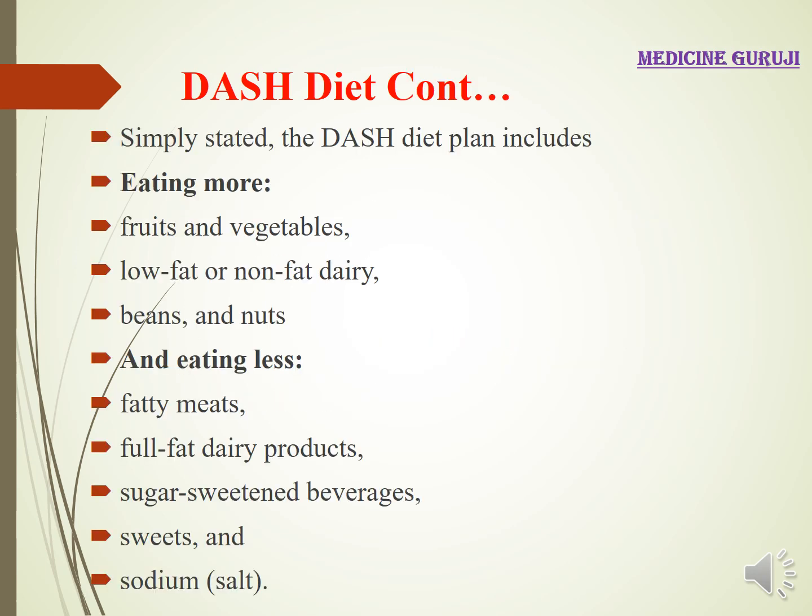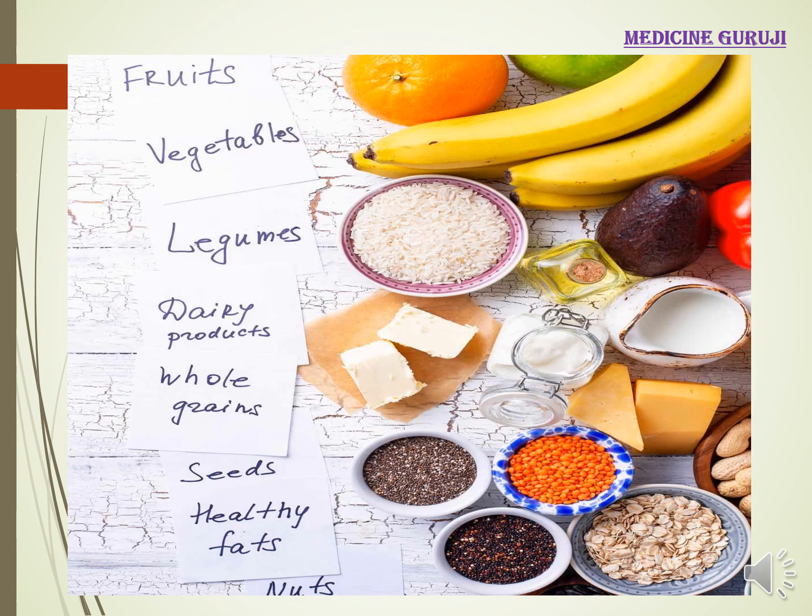In a short way explaining the DASH diet, the plan includes eating more fruits and vegetables, low fat and non-fat dairy products, beans and nuts, and eating less fatty meats, full fat dairy products, sugar sweetened beverages, sweets and salt, sodium. You can see a sample picture of DASH diet. There are lots of fruits, nuts.